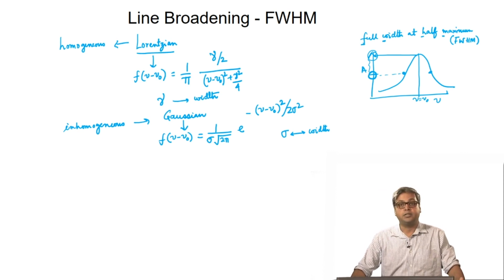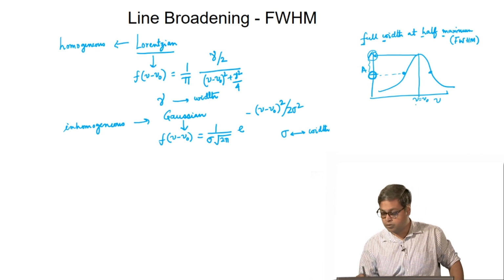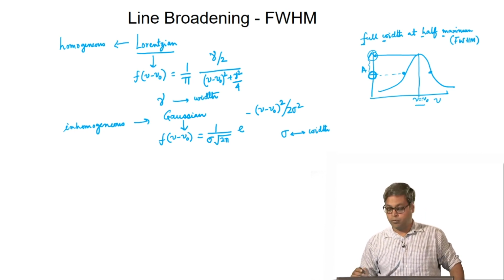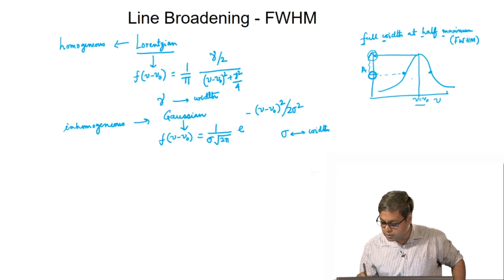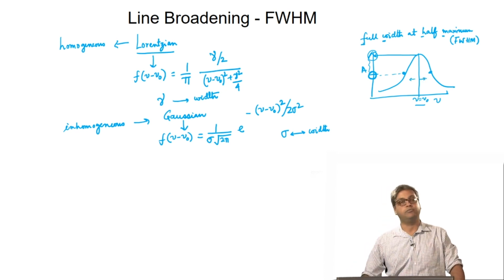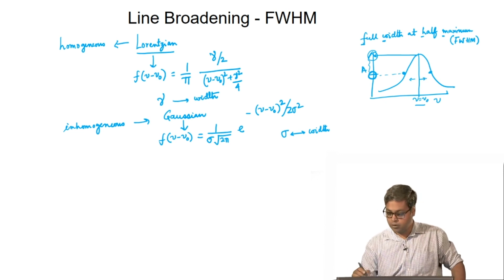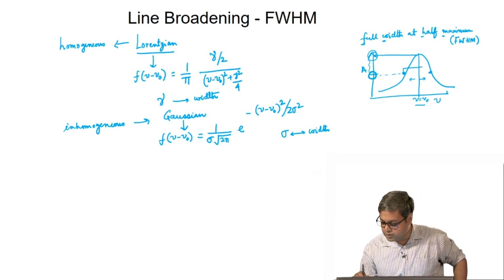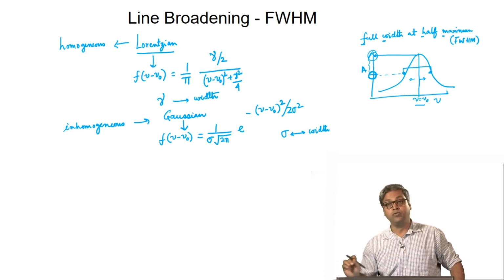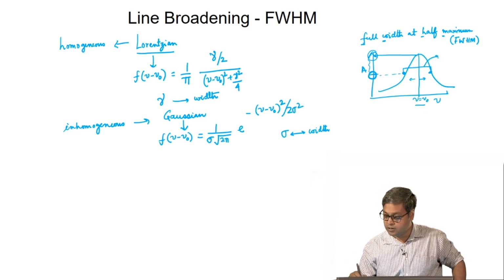Because we are considering a spectrum which is symmetric about nu 0, we will have two such frequencies, one on the left and one on the right of nu 0. Now, the frequency difference between these two points is the full width at half maximum.